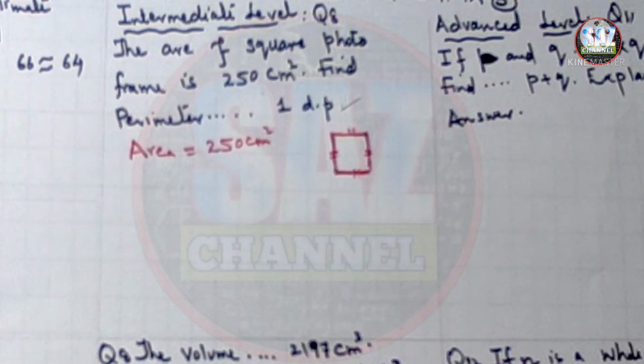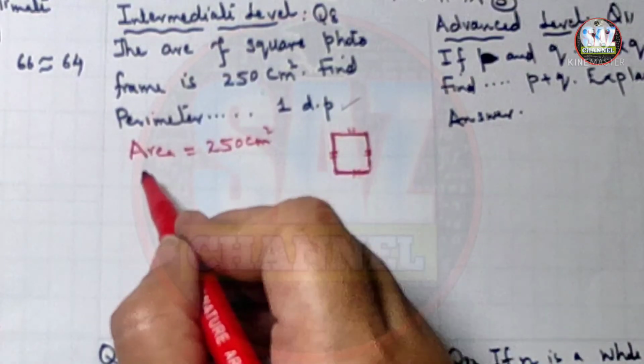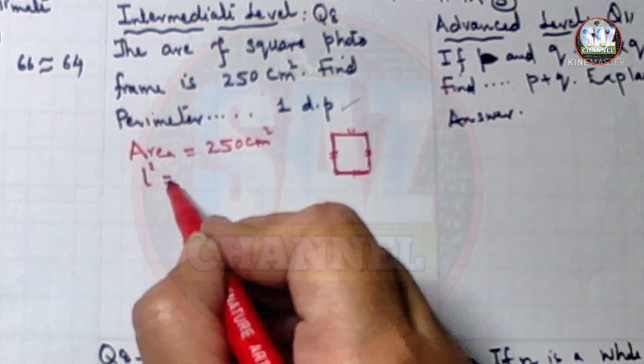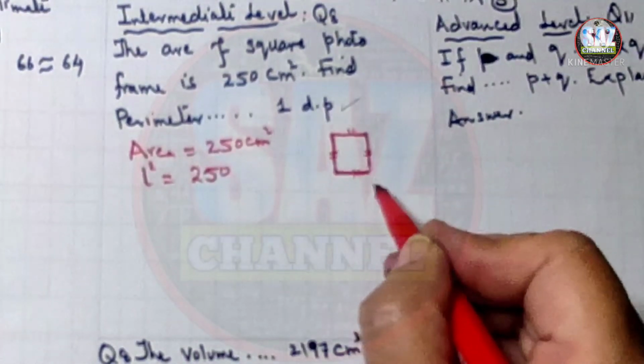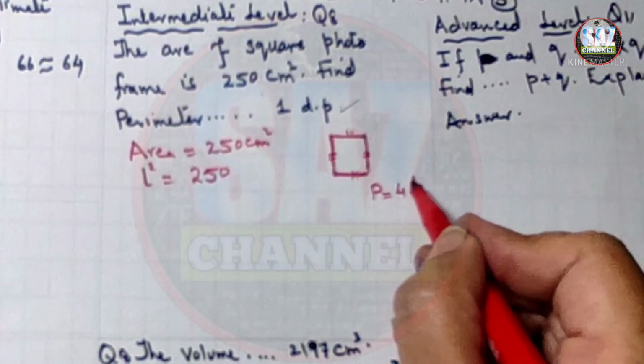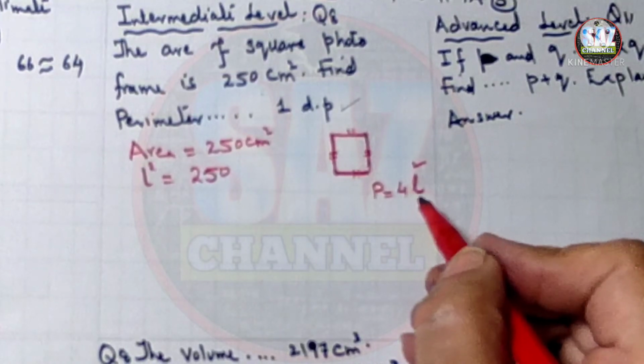As 250 is not a perfect square, and the question says we have to give the answer of the perimeter to 1 dp, we can use a calculator. The formula for the area of a square is L squared equals 250. As we need to find the perimeter, the formula for the perimeter is 4L. So in order to get the answer for the perimeter, we have to find the length of one side.